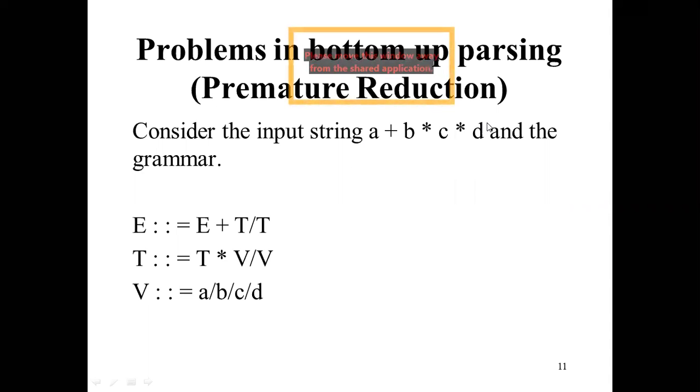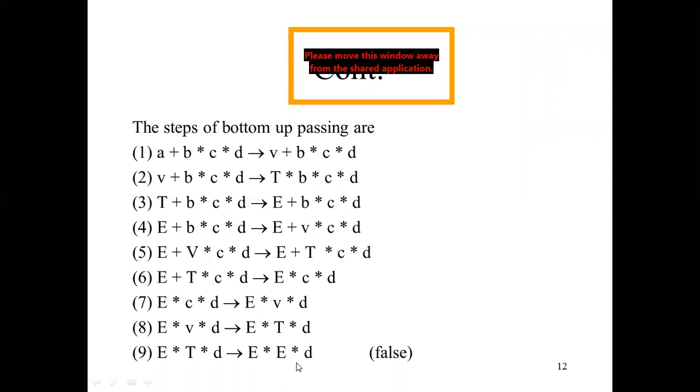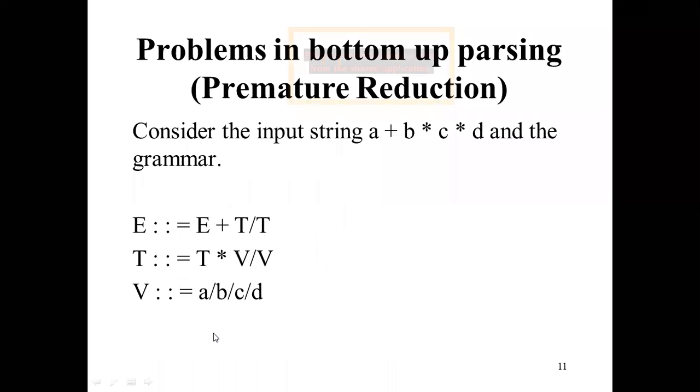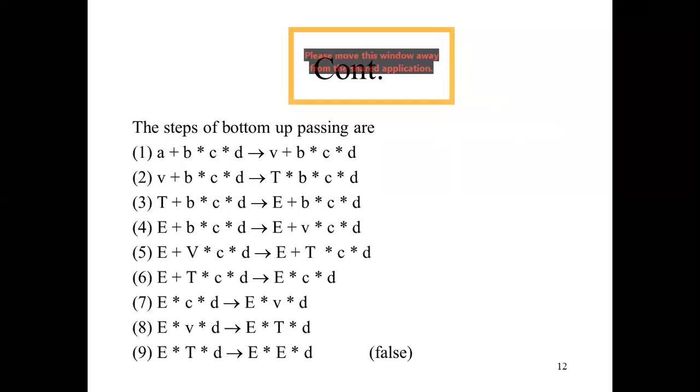So you will start from the input string and you have to get the answer as only a single E, but you are getting the answer as E star and again E star, because in the next step you will change D by V, then V by T, then T by E. So you will get three E's, that is E star, E star, E. That is the false answer. So this is called the premature reduction.